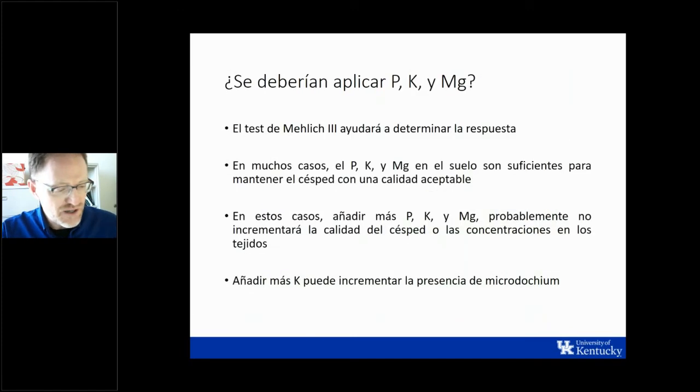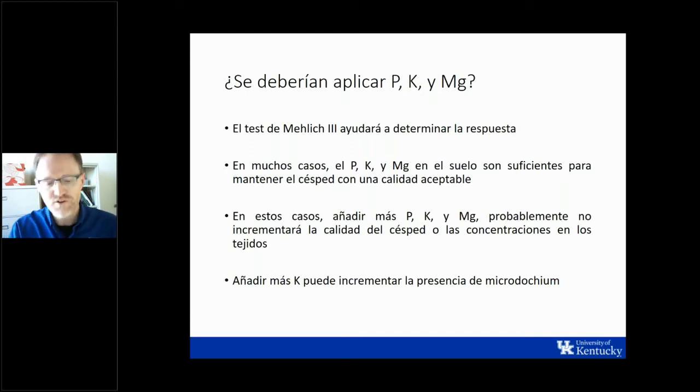Okay, so should P and K and magnesium be applied? Well, the Mehlich 3 soil test will help you determine this. In many cases, soil P, K, and magnesium will already be sufficient to sustain acceptable turf grass quality. And in these cases, adding P, K, and magnesium will not likely increase turf quality or tissue concentrations, okay? So adding more K may increase Microdochium.